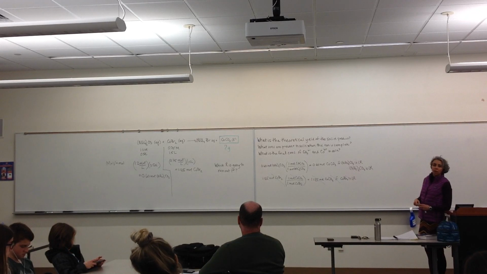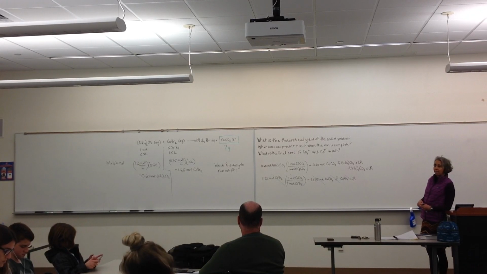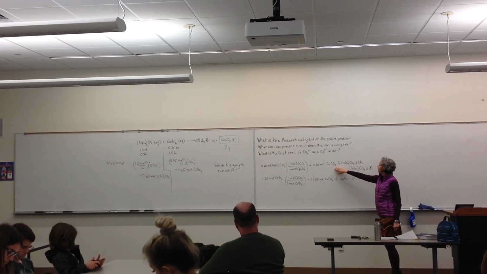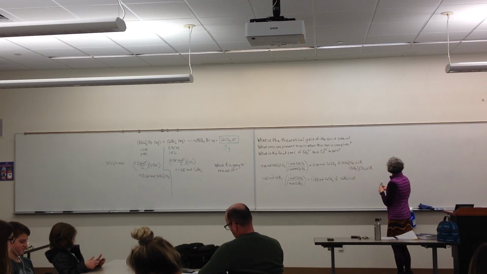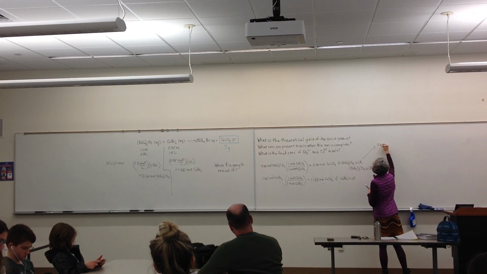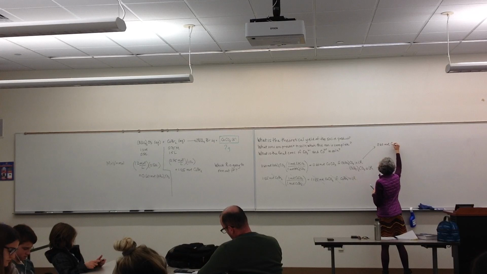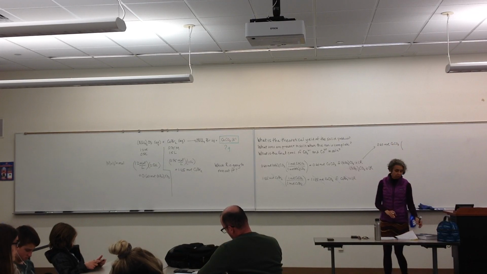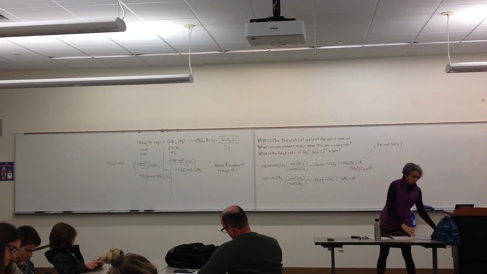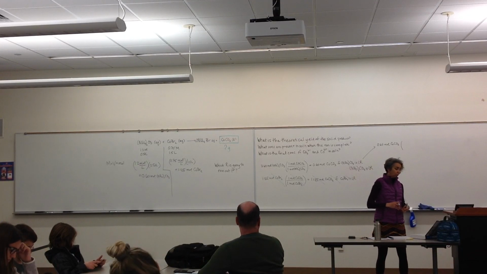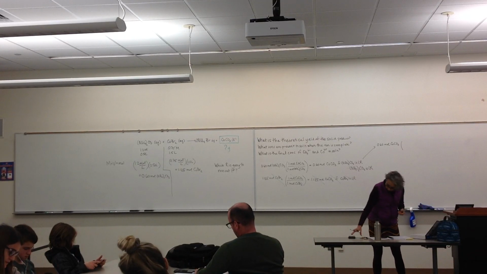What's the theoretical yield of the solid product? How do I get to that? Now I'm going to use the molar mass. Because I've got the moles of my product, now I need to get to the mass of my product. So 0.60 moles of cobalt carbonate will be produced, and I know that the molar mass of cobalt carbonate is, I don't know what cobalt is, so I have to look it up, 58.93.